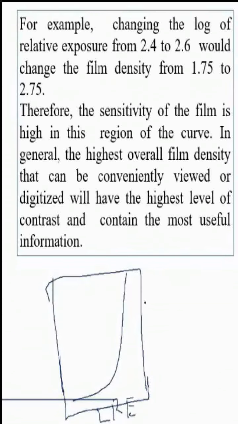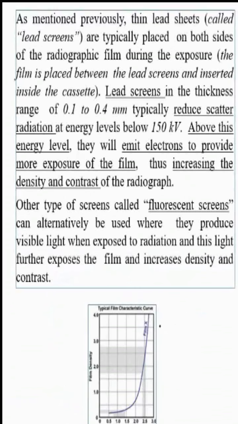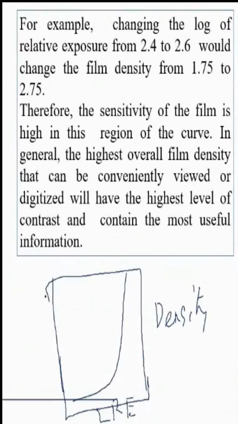And this is the density. On the y-axis we have density, right? Say density is 4 over here, 1 over here, 2 and 3.